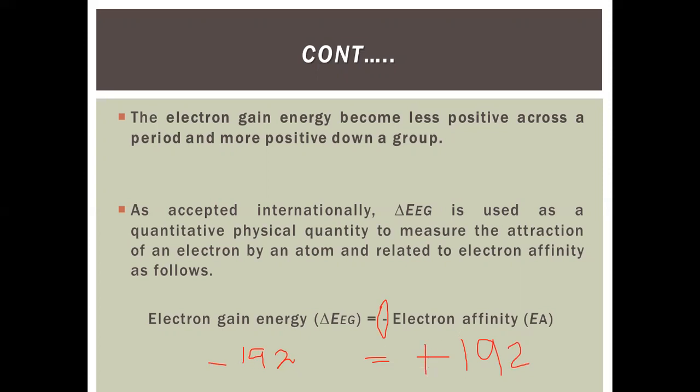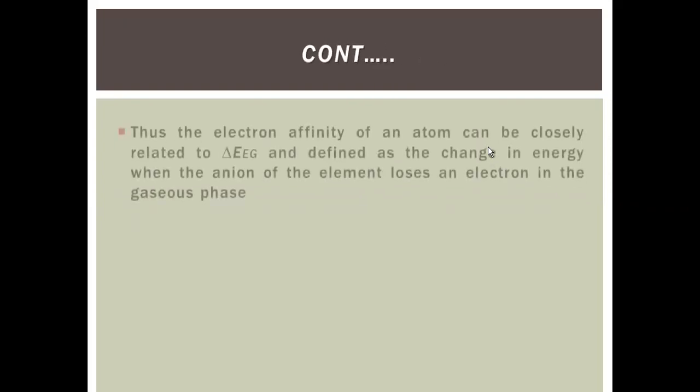This is the relationship between the electron gain energy and the electron affinity. So what are they telling here? Thus the electron affinity of an atom is closely related to the electron gain energy, and it is defined as the change in energy when an anion of an element loses an electron in the gaseous phase.